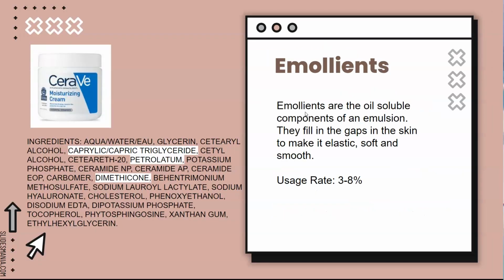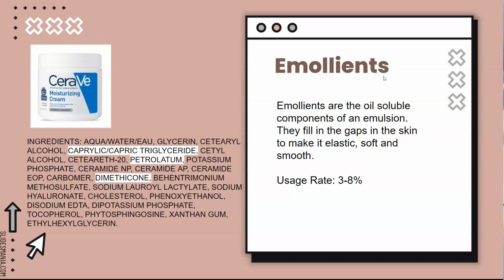The first group that we're going to discuss are emollients. Emollients are the oil-soluble components of an emulsion. As I've said before, they make your skin elastic, soft, and smooth by filling in the gaps in your skin. And these are usually used around 3 to 8%, depending on the type of product that you're going to make.